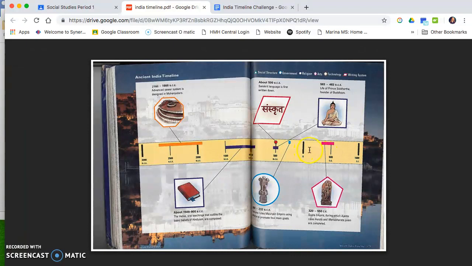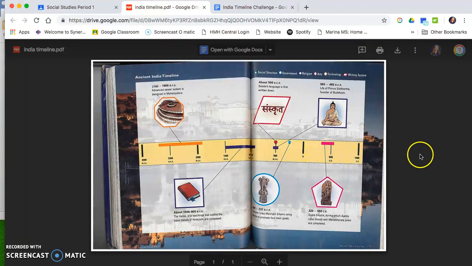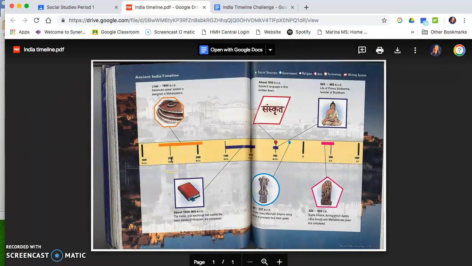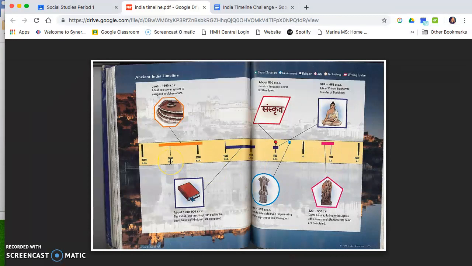So positive 1, positive 2, all the way to positive 500, positive 1000, right? 2019, we'd probably be right over here somewhere if the timeline kept going off the page. Okay, so be careful when you're doing your adding of years, because just like on the positive and negative number line, this counts as 500 years, and then this counts as another however many years that I can't read. It's too tiny for me right now. So that you're doing the math correctly, right? I can't just subtract these two numbers because they're from different time periods.